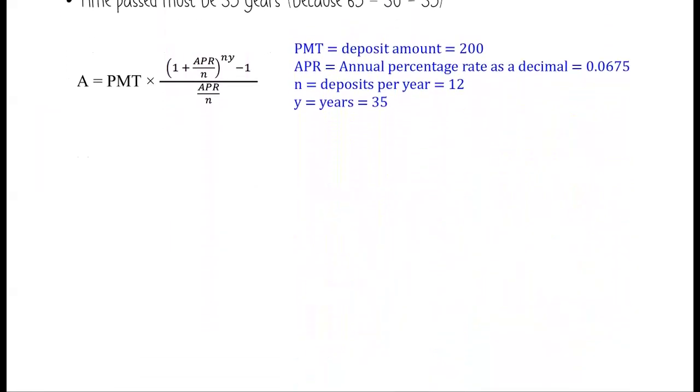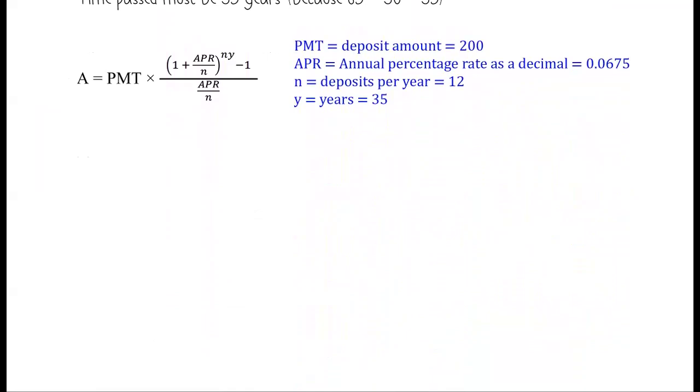Okay, so A stands for the future value. We don't have to plug that in because that's what we're trying to solve for. PMT is the payment or the deposit amount. Susan's is 200. APR is the annual percentage rate. For these formulas, it has to be in decimal form, so 6.75% turns into 0.0675.